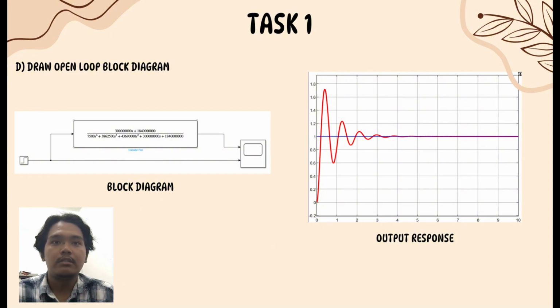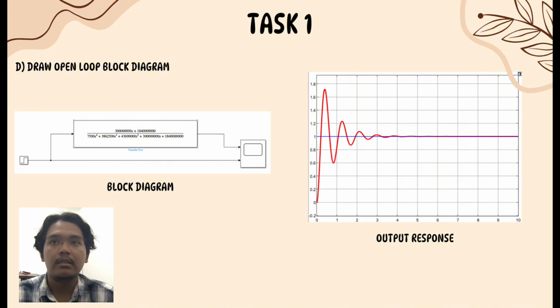And for the next question, which is Task 1E, we are asked to draw the closed loop block diagram. So the block diagram is quite the same as the previous block diagram, which is open loop.